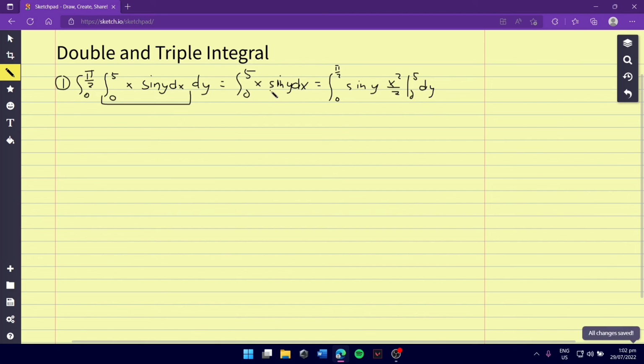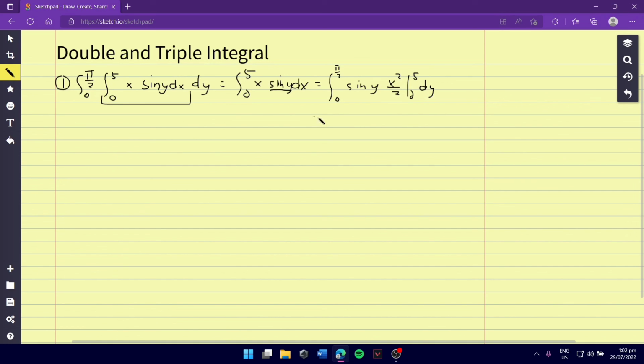So sine y here is constant. That's why we will take out the constant first. So this will become the integral of sine y times the integral of x from 0 to 5. The integral of x is x squared over 2 from 0 to 5, dy.